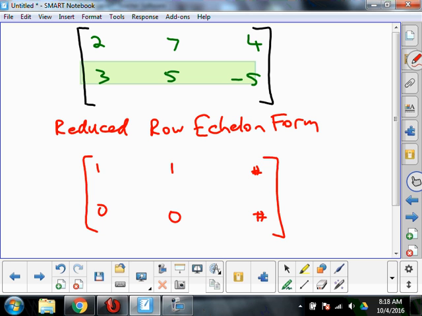The cool thing about the Nspire is it's very capable. You can tell it to do things, and it will do those things for you. You could tell it, hey, put this matrix into this form for me, and it will. You need to give it a command. And that command goes like this.